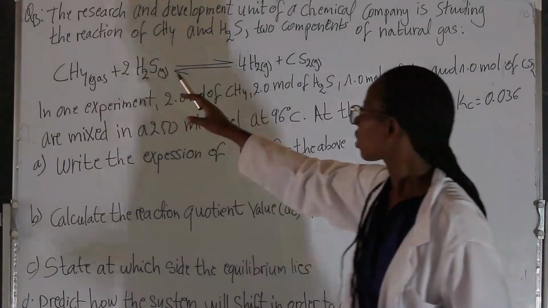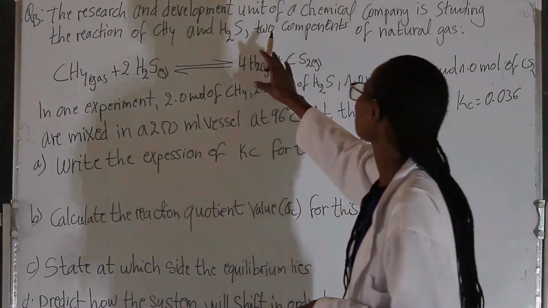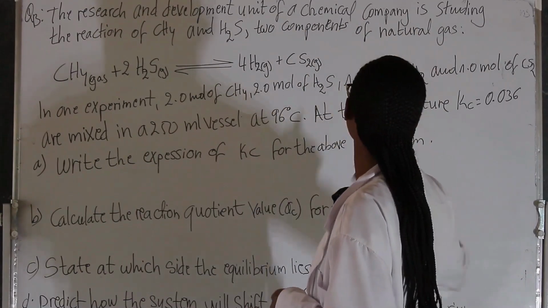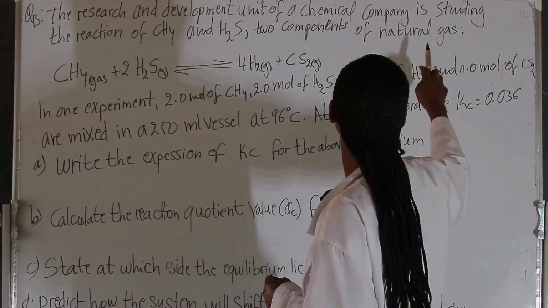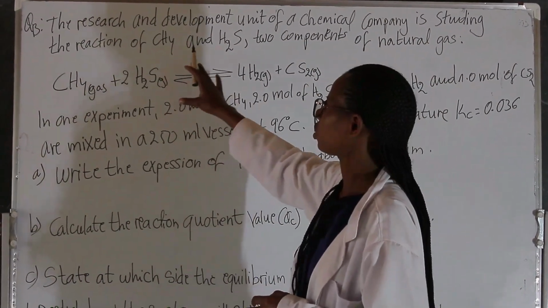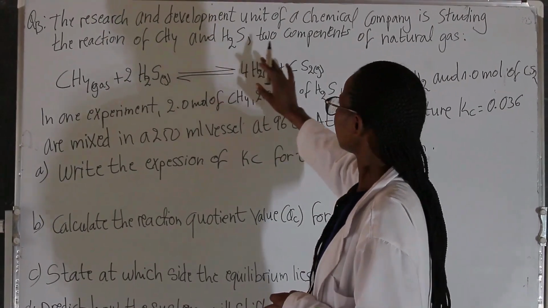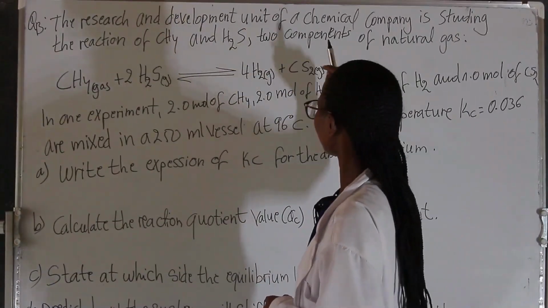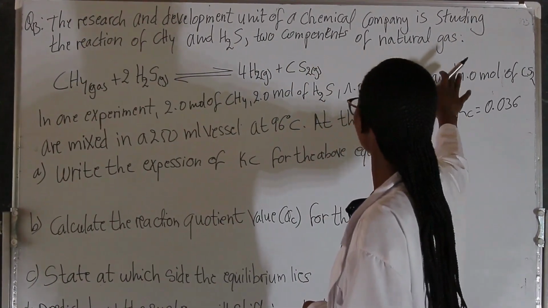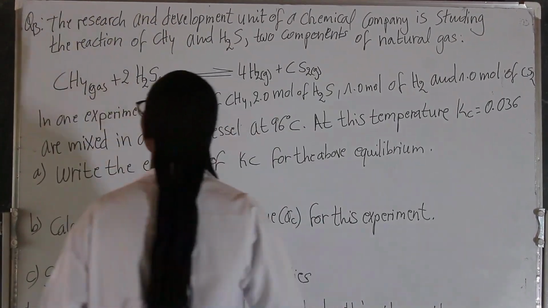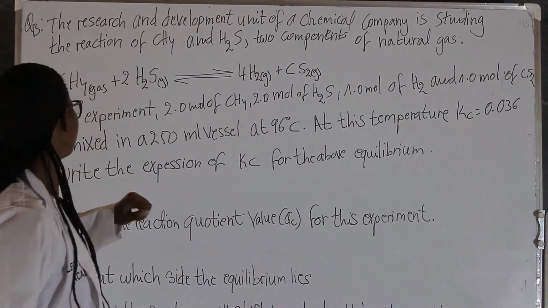This question: the research and development unit of a chemical company is studying the reaction of methane and hydrogen sulfide, 2 components of natural gas. The reaction is this.